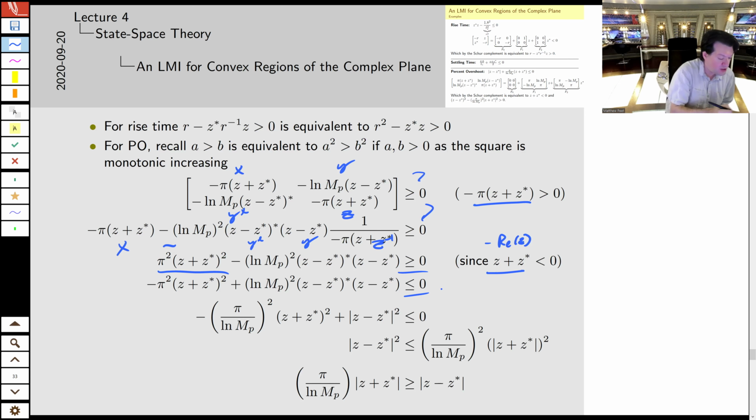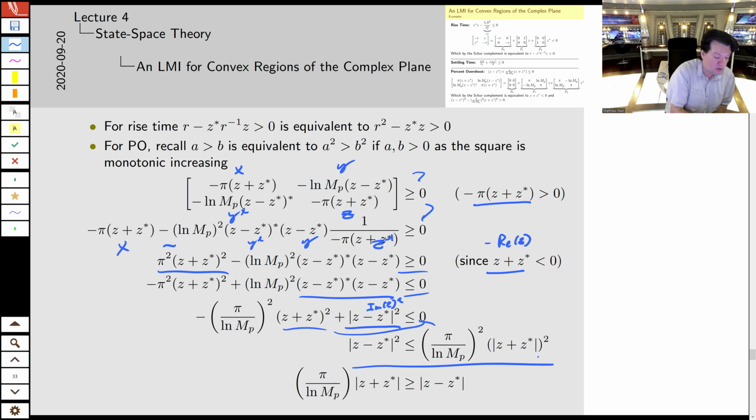And then we just move things around. Z minus Z star times its conjugate is just the magnitude of Z minus Z star. Again, this is the imaginary part of Z, squared. And so we get a square here. And so we just move this over to the other side.